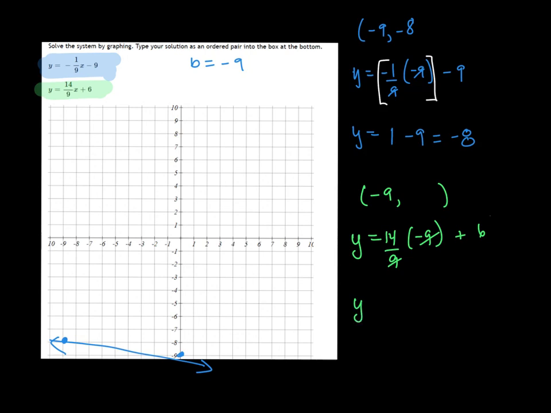So that's going to be y is equal to -14 plus 6. -14 plus 6 is the same thing, it's -8. So it's a nice little coincidence. So I have that point, and also my y-intercept this time is a +6. So this is the solution of the graph, and the solution set, how you would write that. And remember, always put the answer in as an ordered pair.